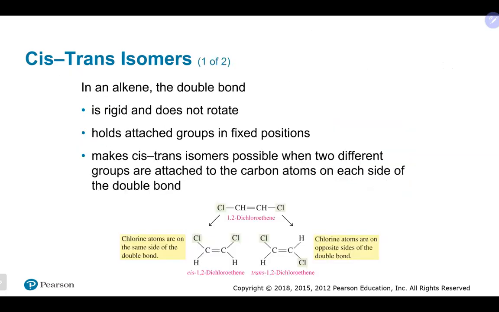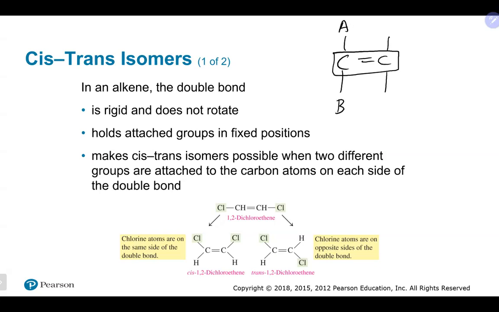Now, there are a few things that you have to have in order to even have the possibility of cis or trans, and it really does all focus on the double bond. When you look at the double bond, there will be groups attached to it.